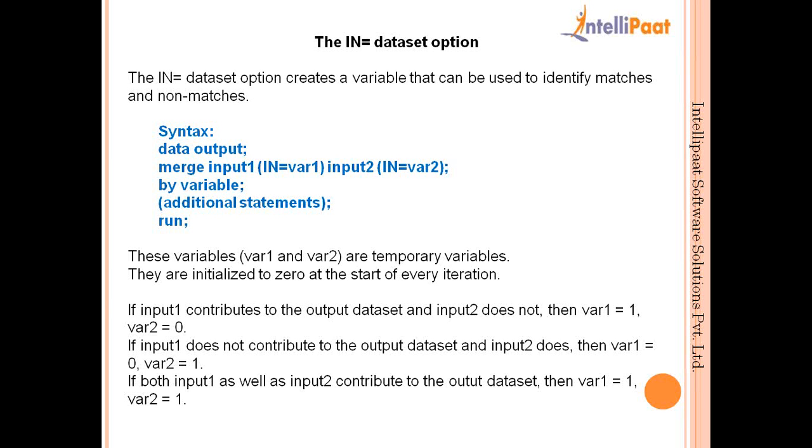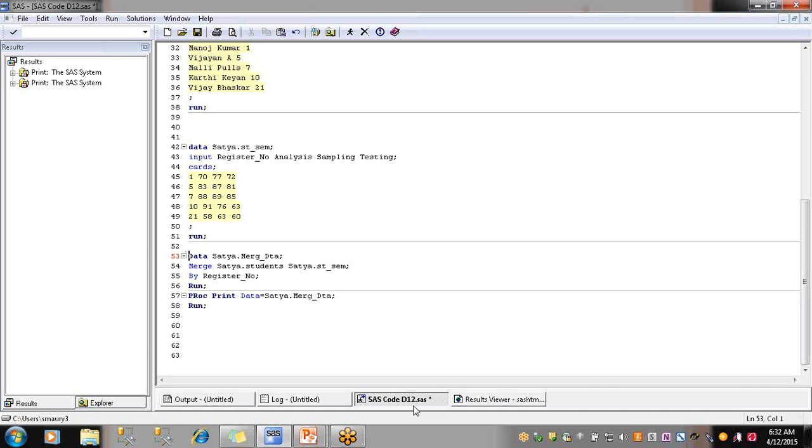But if you want the result from both the data sets, then you will be using var1 is equal to 1, var2 is equal to 1. So the example which we just used, let's use it here.